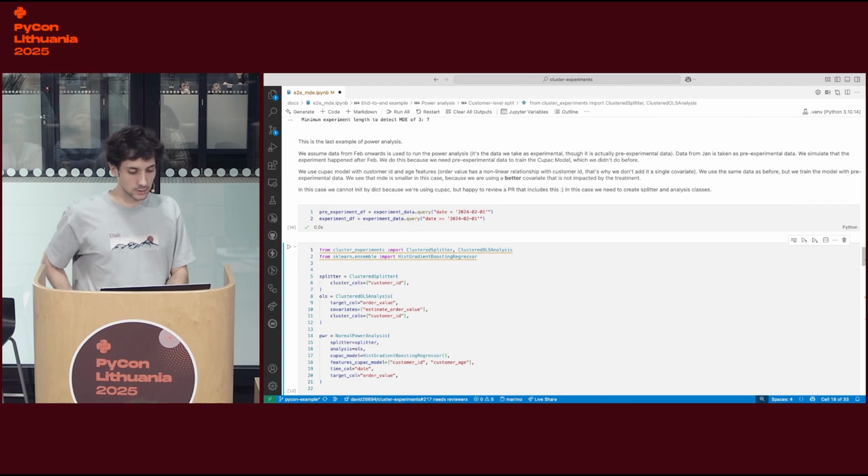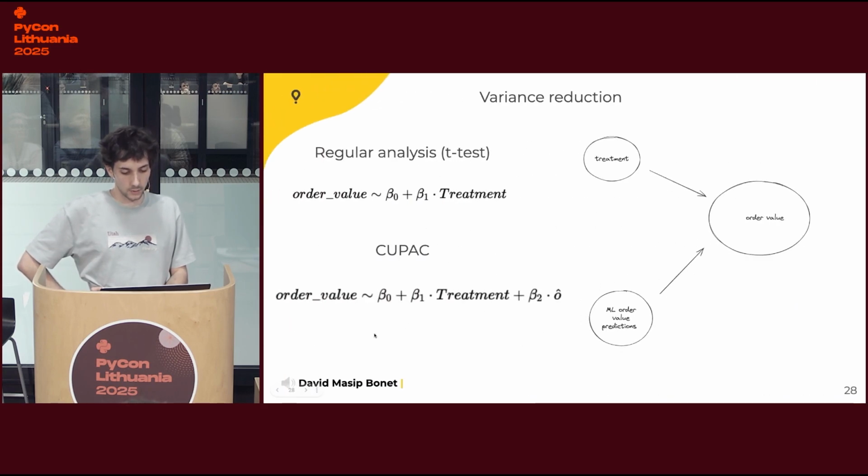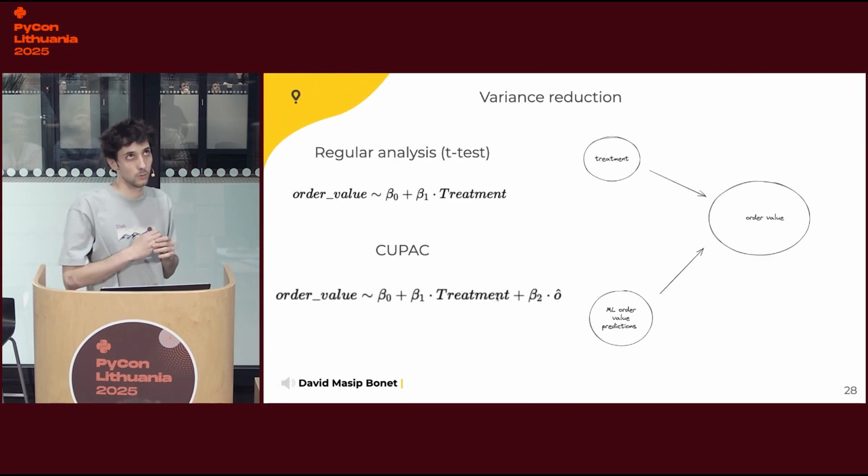So in this case, the way this CUPAC works, you don't want to overfit your data, so you need to split in experimental data and pre-experimental data. So you're going to use the pre-experimental data to feed your machine learning model, and then the experimental data to run the analysis.